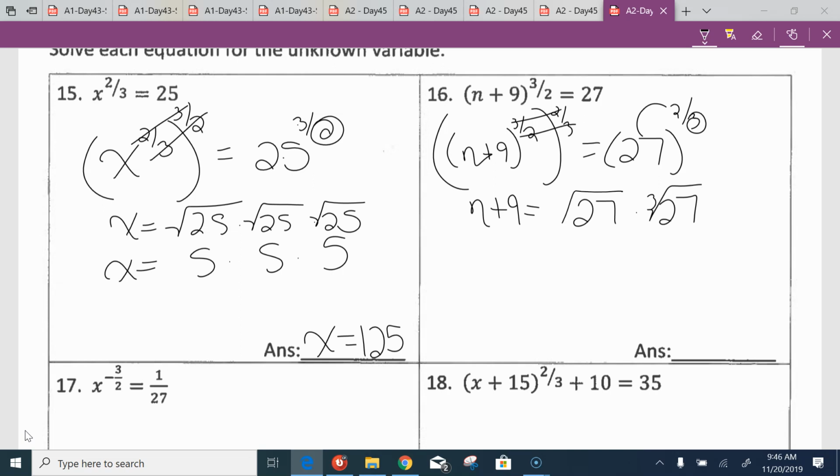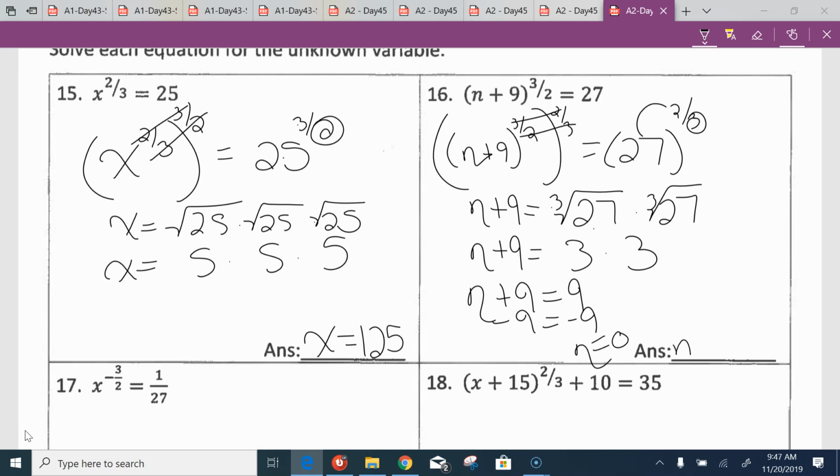N plus 9 comes down. The cube root of 27, one number times itself three times will give you 27. That number is 3. 3 times 3 is 9, so I have n plus 9 equals 9. Subtract 9 from both sides, and I get nothing left over, so n equals 0.